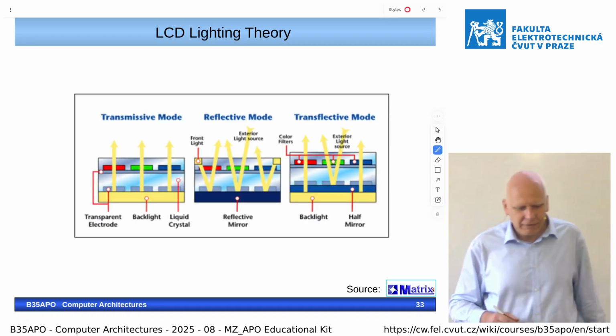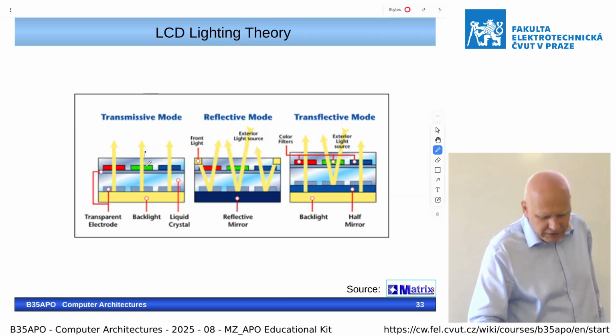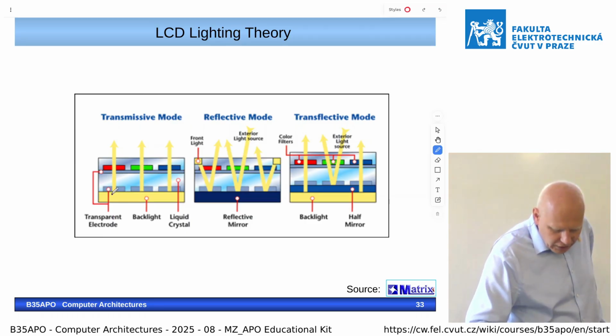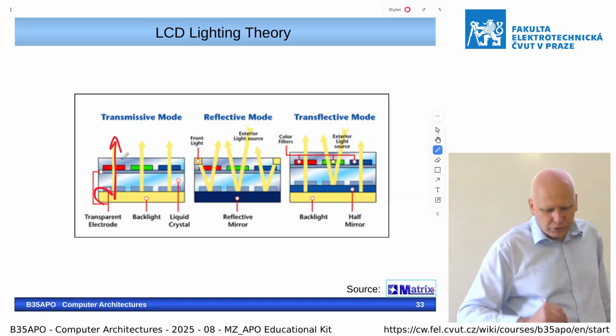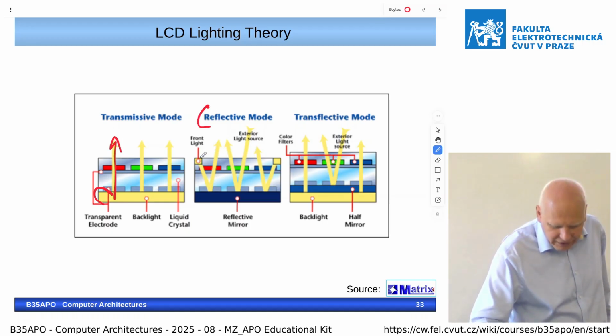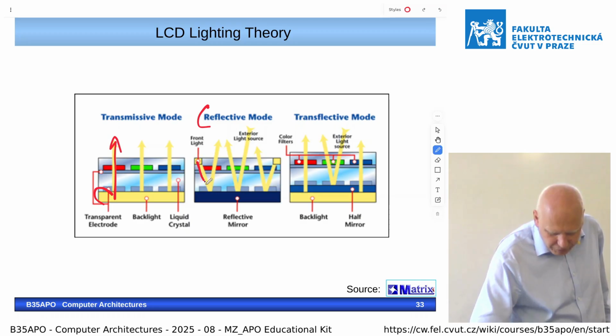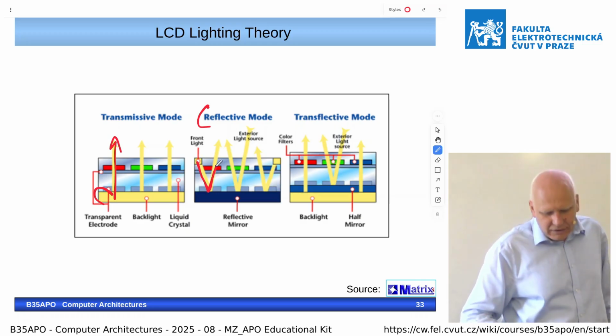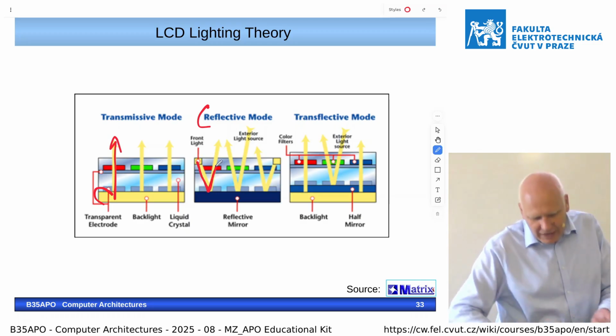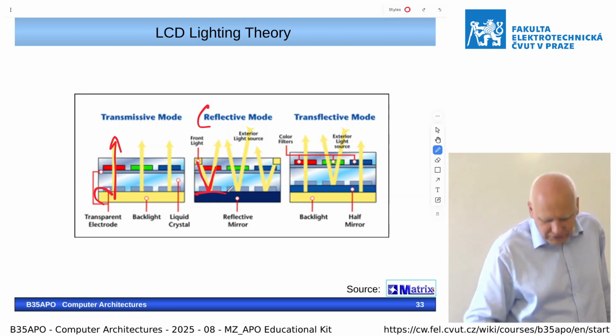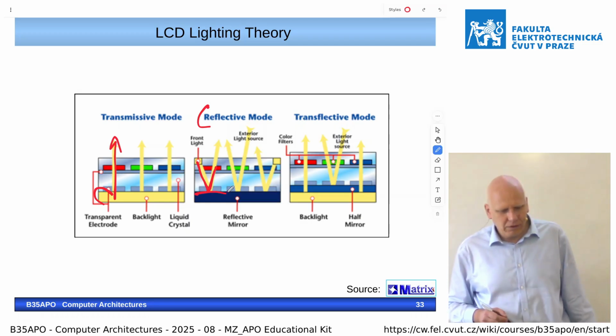And you can have a transmissive display, which needs a backlight and controls how much of the backlight goes through which pixel. You can have a reflective one, which has only one polarizer, and then the light goes down and up through the same polarizer over the reflective mirror.